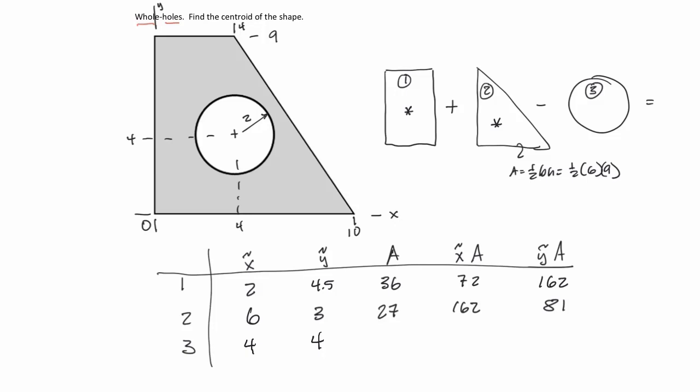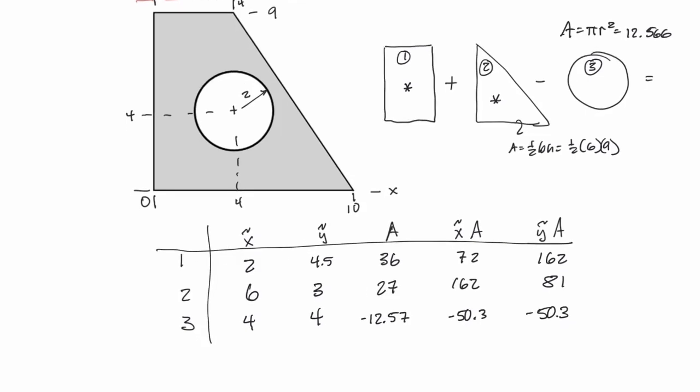So what is the area? Area is equal to pi r squared. And so that's going to be equal to 12.566. So that's going to be a negative area, so negative 12.57. Multiplying those out, I got negative 50.3 and negative 50.3.